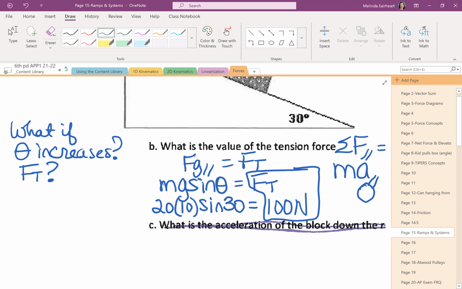So let's go through this. Here's how you figure it out. Greater than 30. Someone give me an angle greater than 30. 60. Okay. So sine, I thought I heard 60. So sine 30, we just said, is 0.5. Someone do sine 60.